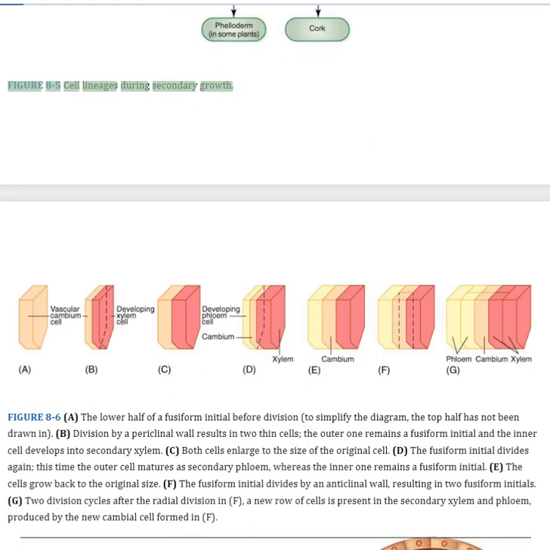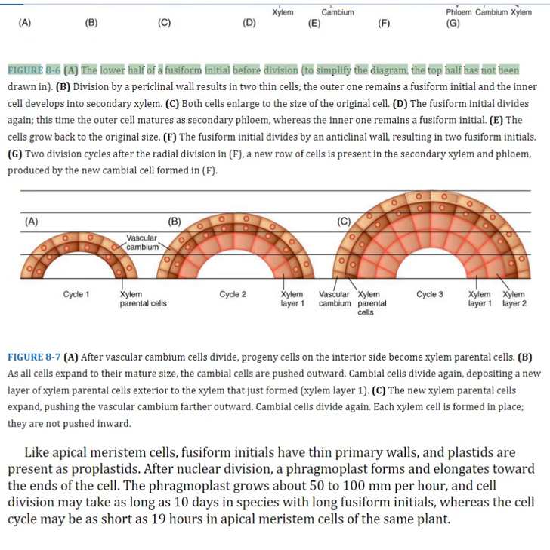Figure 8.5: cell lineages during secondary growth. Figure 8.6: the lower half of a fusiform initial before division. To simplify the diagram, the top half has not been drawn in. Division by a periclinal wall results in two thin cells. The outer one remains a fusiform initial and the inner cell develops into secondary xylem. Both cells enlarge to the size of the original cell.